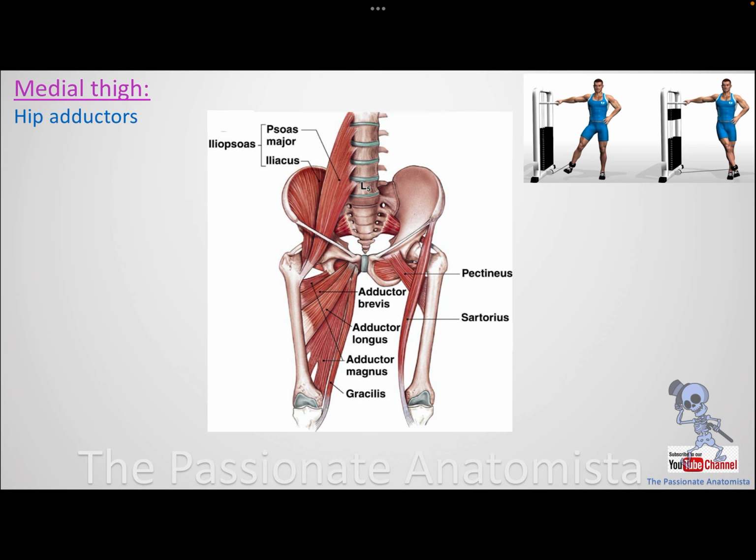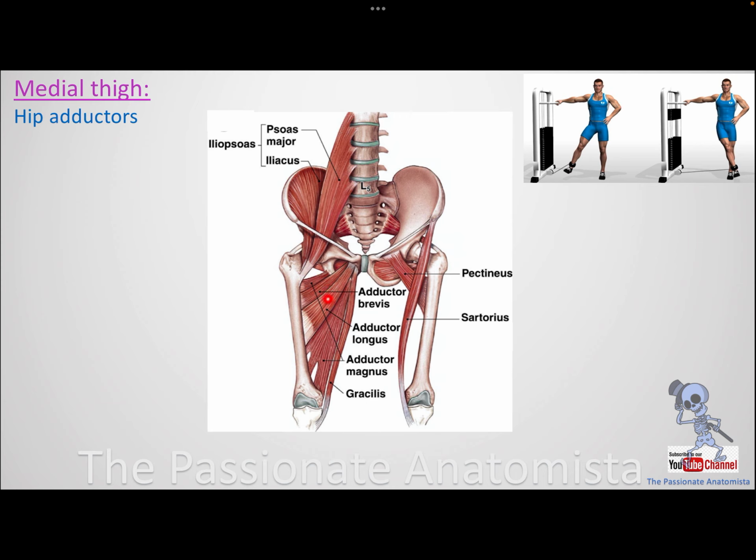Now, what are the hip adductors? It's very simple. They are adductors, so we call them adductor longus because it's a long muscle, right? The adductor longus is covering the adductor brevis. It's below it.